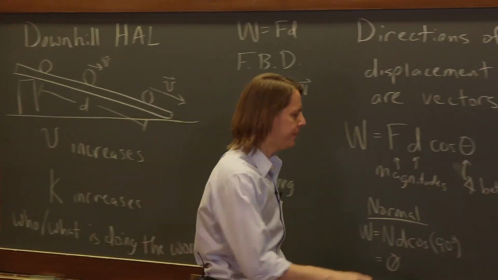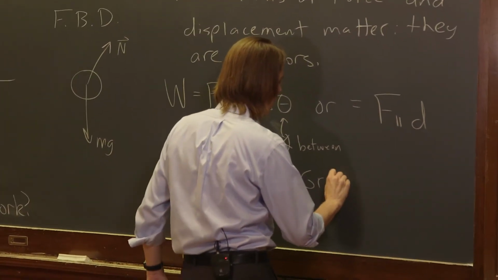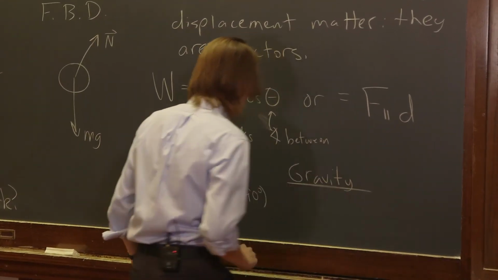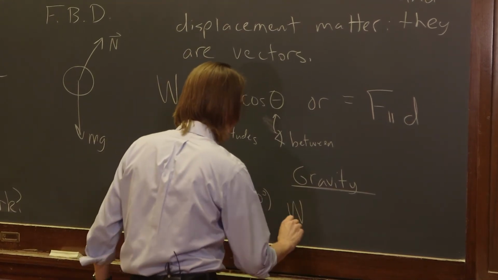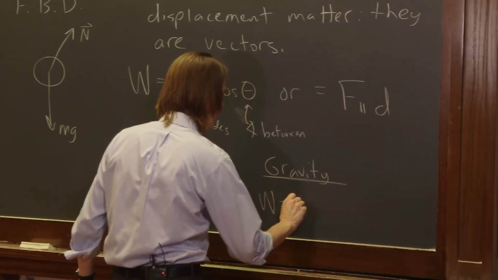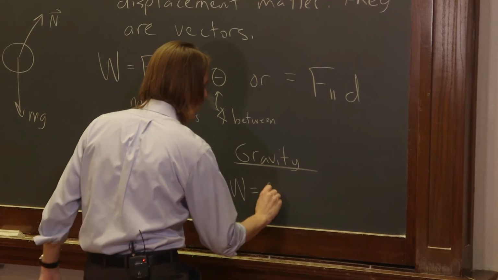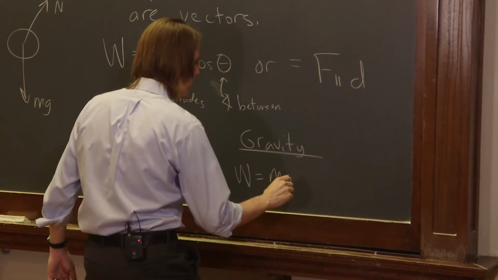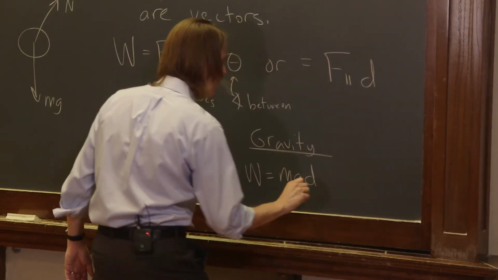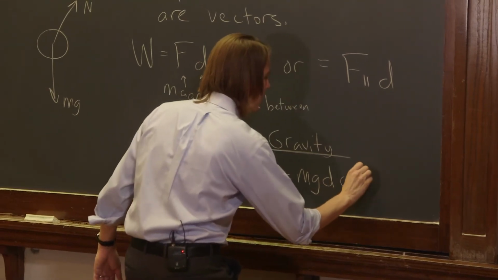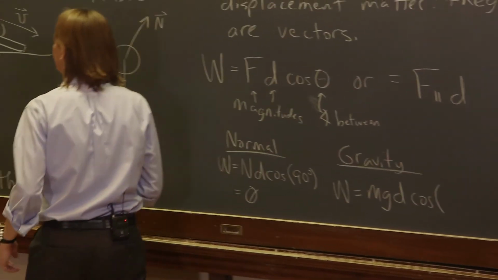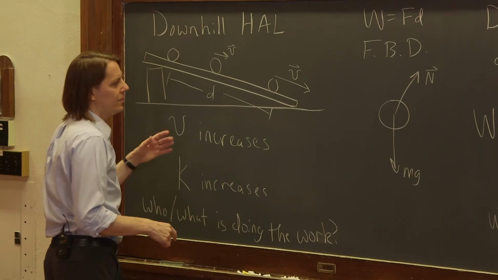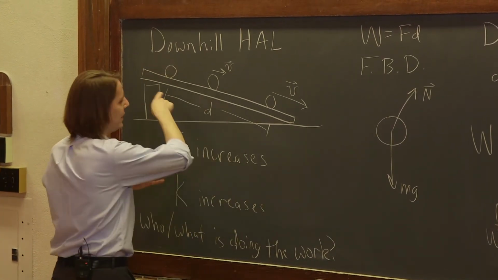So let's look at gravity. The work by gravity would be the force of gravity, mg, which is down, times the displacement d, times the cosine of the angle between them. So you look at these vectors and say, okay, this is down and d is this way.